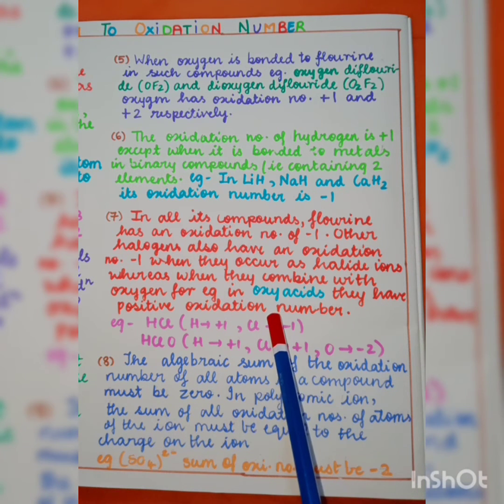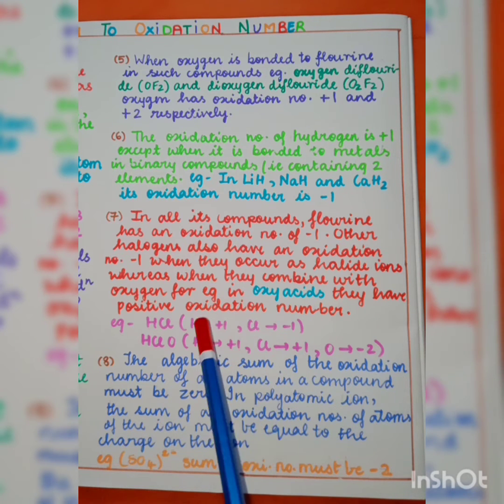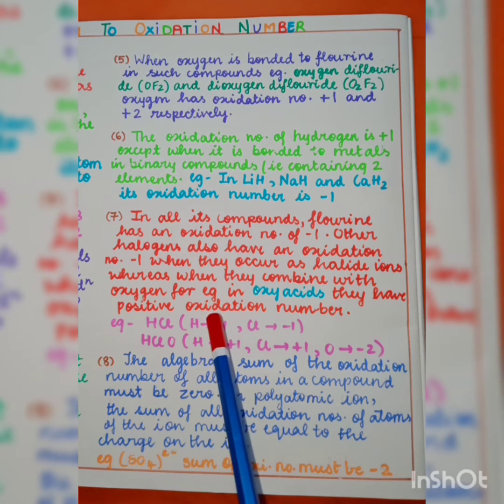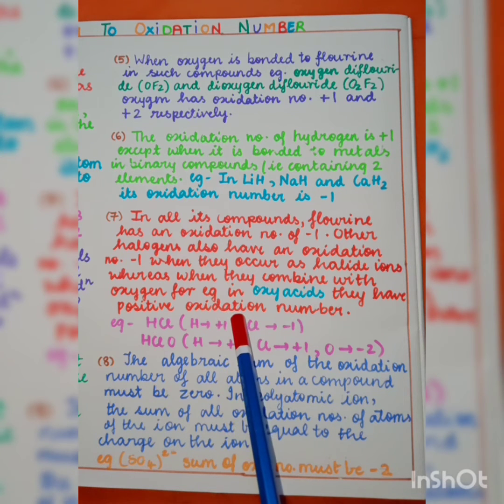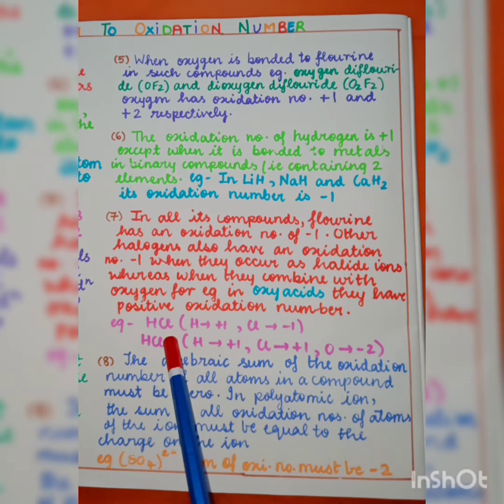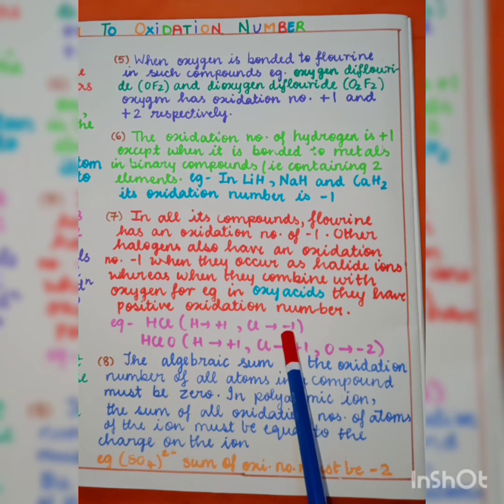As I told you before, in a compound, the element which is more electronegative gets a negative oxidation number, and since oxygen is more electronegative than chlorine, therefore oxygen gets a negative oxidation number and chlorine gets a positive oxidation number. But in the absence of oxygen, chlorine will always have a negative oxidation number, which you can see in this example.